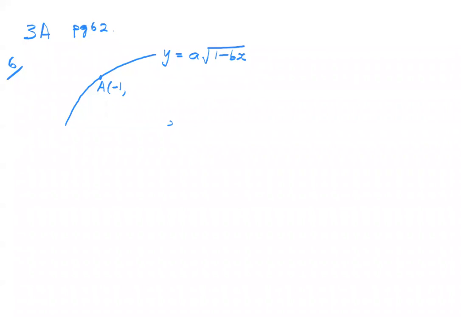The question didn't give me that, but it gives me information that the tangent to the curve at the point where x equals -1 has the equation 3x plus y equals 5.